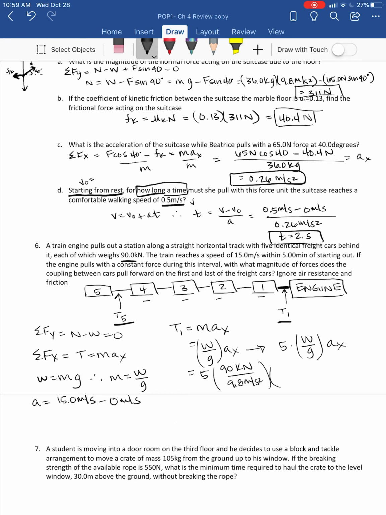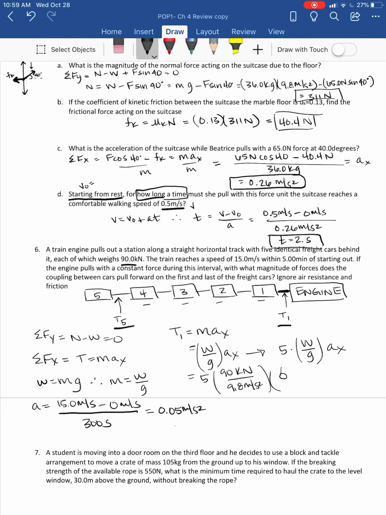We're going to assume that the initial velocity is just 0. And if you convert 5 minutes into seconds, you should get 300 seconds. So the acceleration is 0.05 meters per second squared. So you end up with 2.3 kilonewtons.